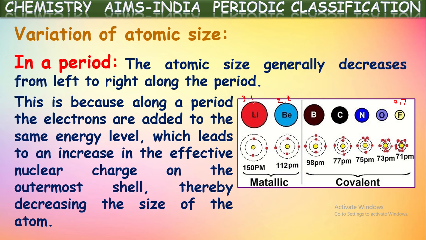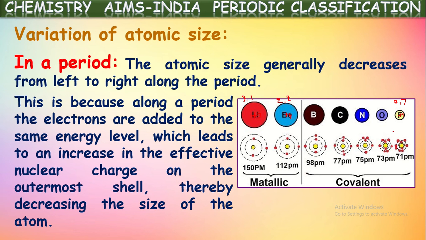At the same time, nuclear charge also gradually increases from lithium to fluorine. Lithium has 3 units of positive charge, because of 3 protons. Beryllium has 4 units of positive charge, whereas fluorine has 9 units of positive charge in the nucleus.